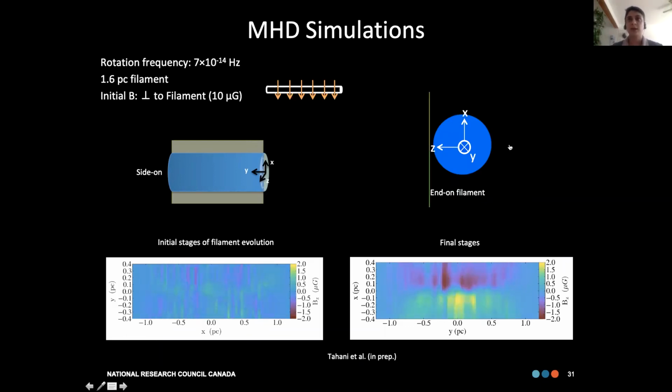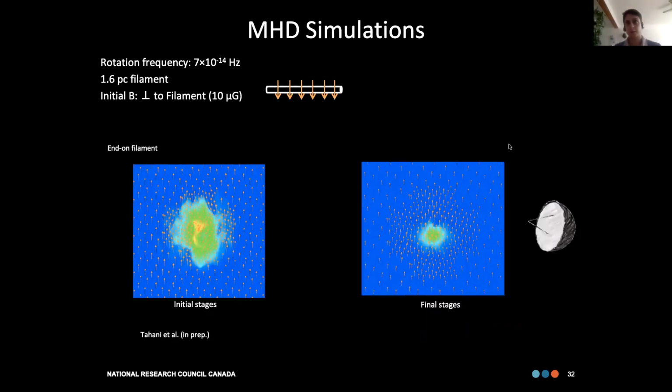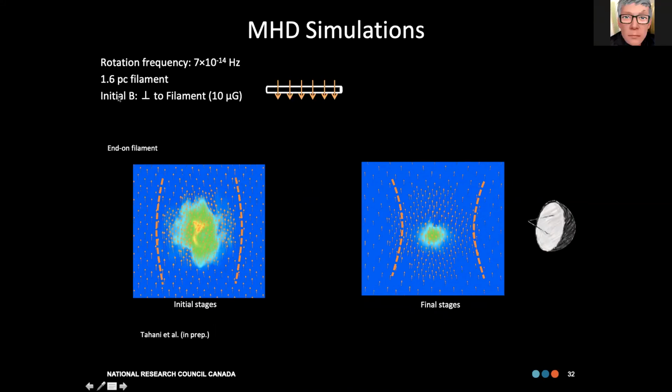And if we look at the X cut, so you're looking at the filament end on, in the initial stages, you have a wrapping of magnetic field around this filament. I should mention that this is a 1.6 parsec filament with initial magnetic field perpendicular to it and with 10 microgauss.